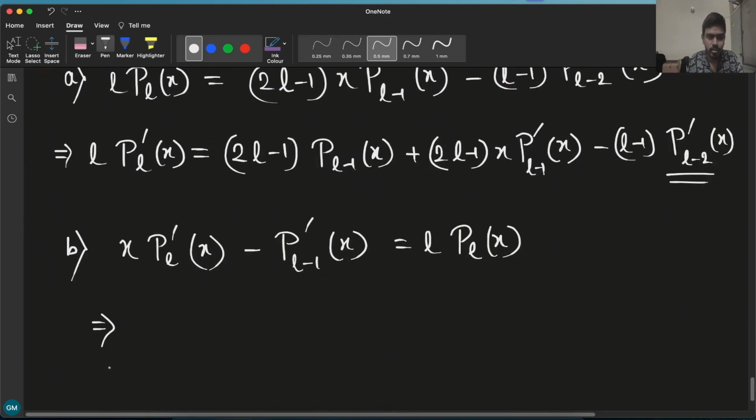Now what I will do is replace this L by L minus 1, because L is just an index, it's an indexing thing. So instead of starting from L, I can just change the indexing, right?